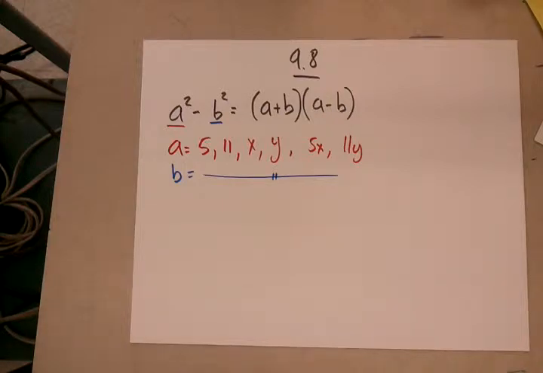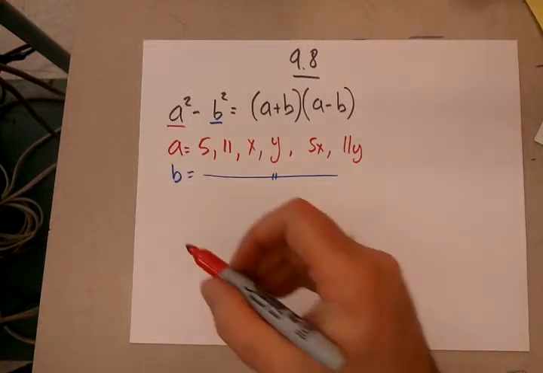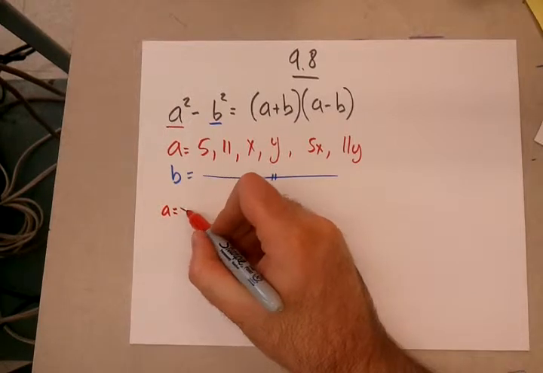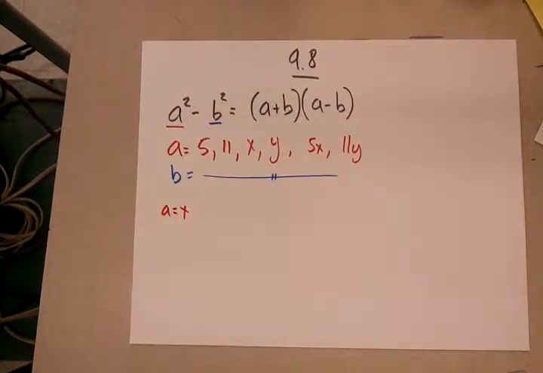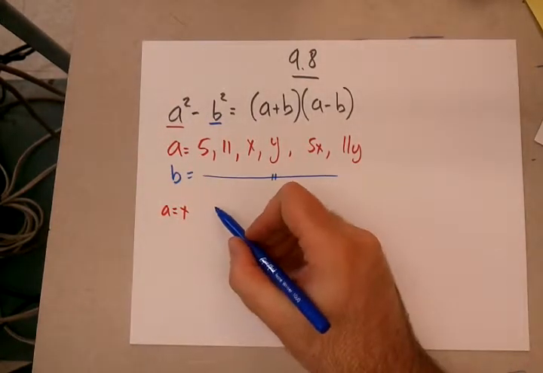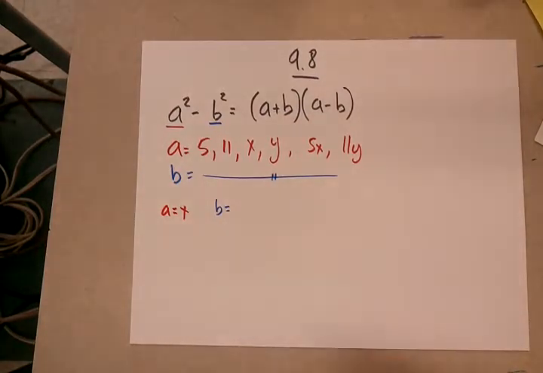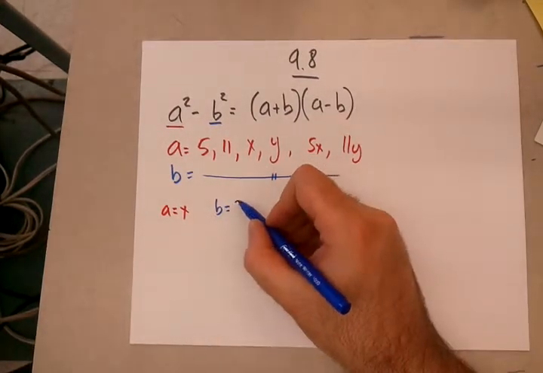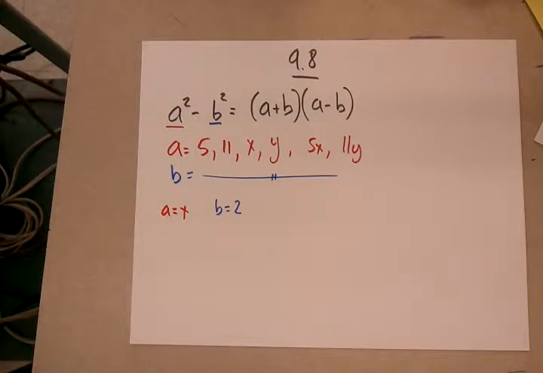So for example, let's say A is an X, and let's say that B is a 2. Pretty simple case.